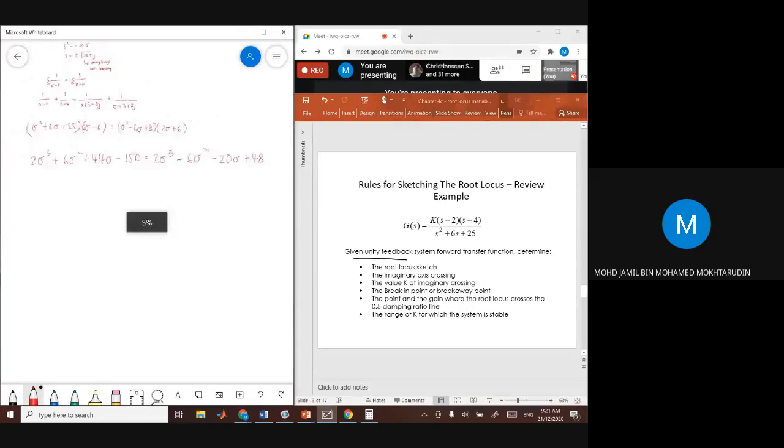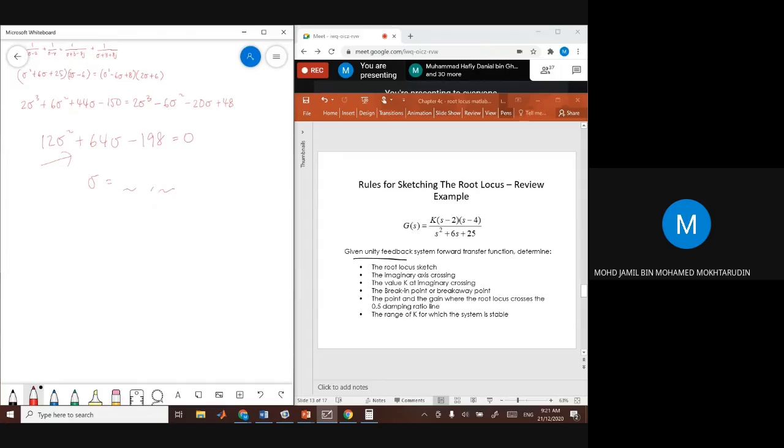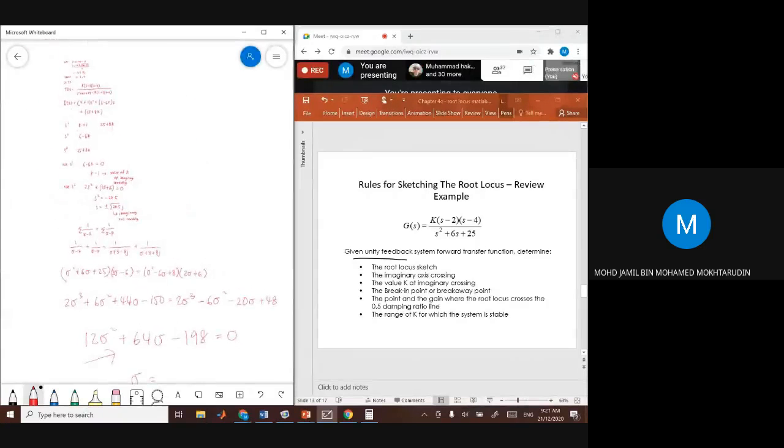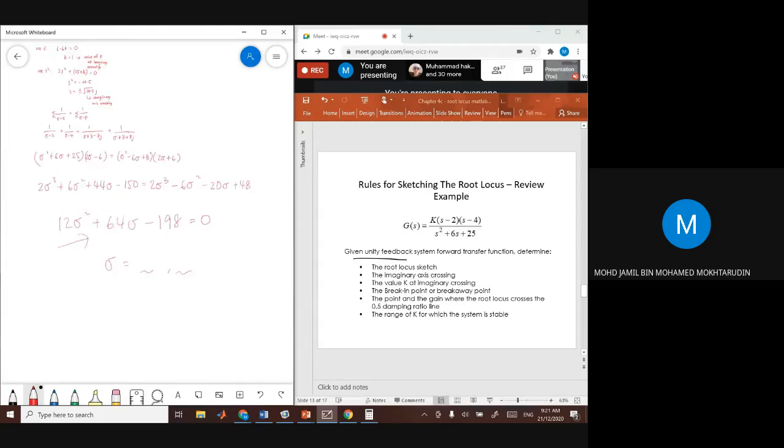Okay, simplify, you get 2 sigma. Okay, so you will have a breakaway point.